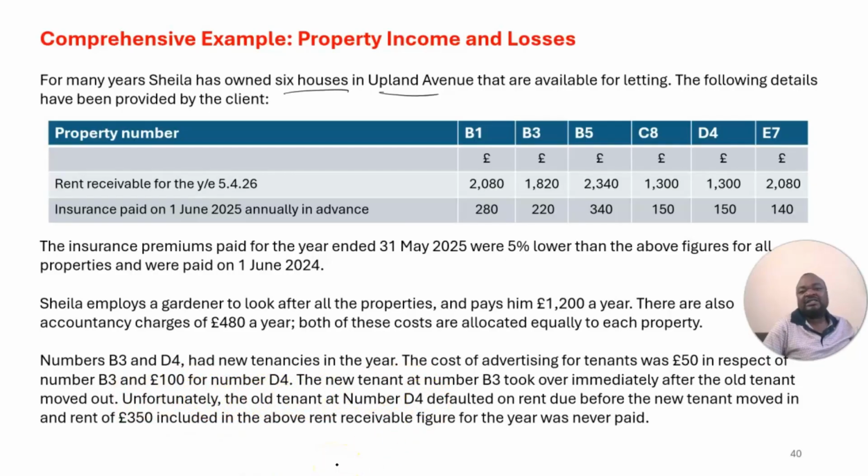The new tenant at number B3 took over immediately after the old tenant moved out. Unfortunately, the old tenant at D4 defaulted on rent due before the new tenant moved in, and rent of £350 included in the above rent receivable figure for the year was never paid.